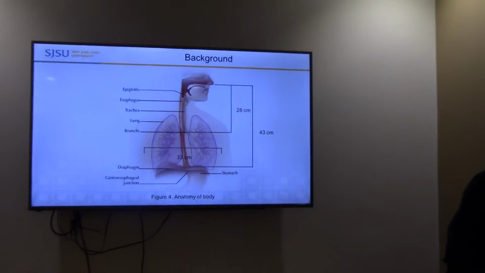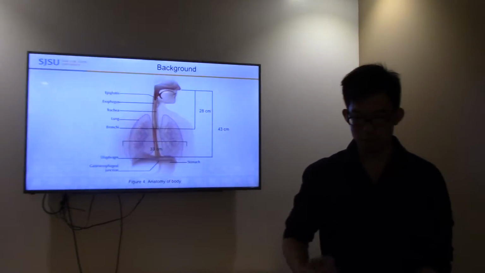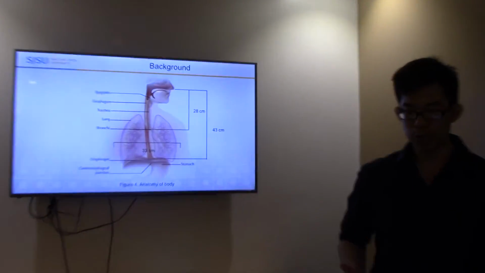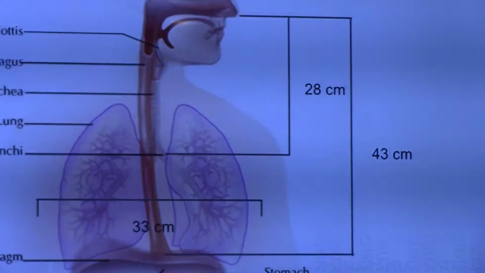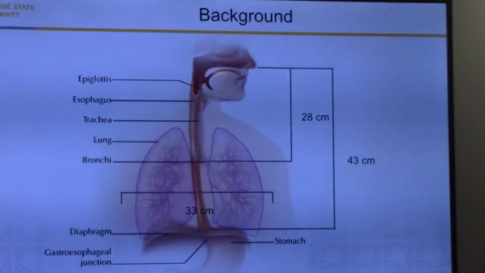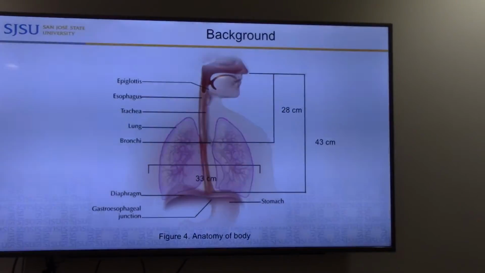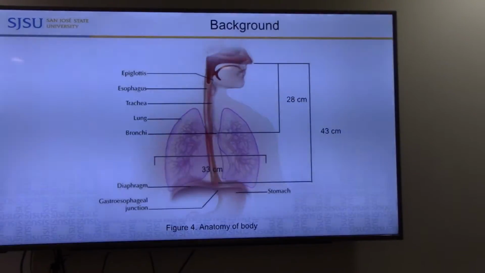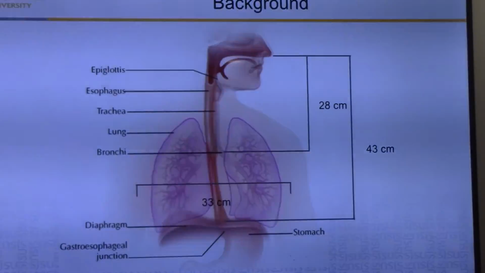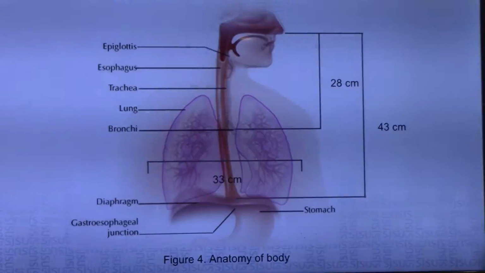So, a quick anatomy lesson. From the nostrils to the entrance of the bronchus is around 28 centimeters, and the length from the nostrils to the entrance of the stomach is around 43 centimeters. So we can see there's a difference, but the bottom of the lungs is almost the same distance to the entrance of the stomach.